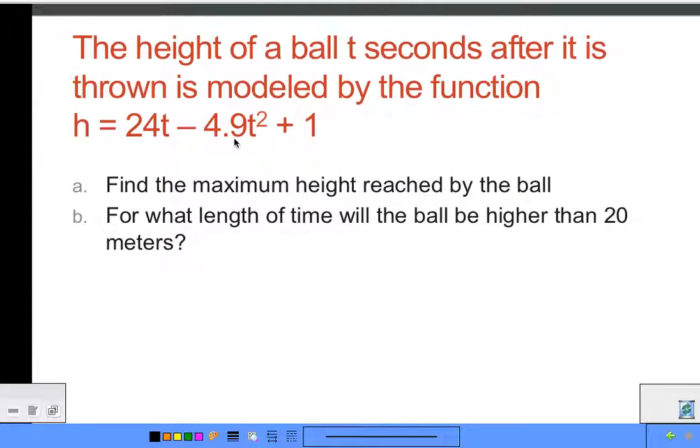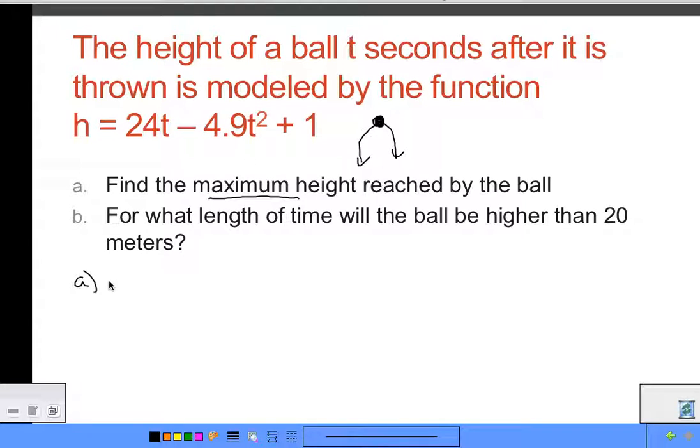Now this next one here: the height of a ball t seconds after it is thrown is modeled by this function. Find the maximum height it reaches. So if we're talking about the maximum here, we know that this is a quadratic going down, looking like this. So here's our maximum, that would be the vertex.